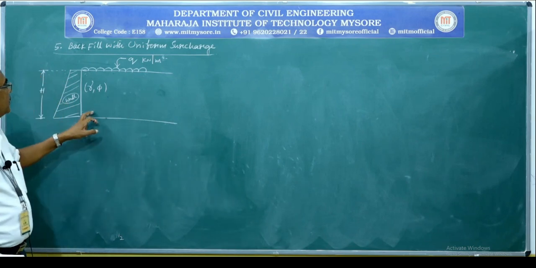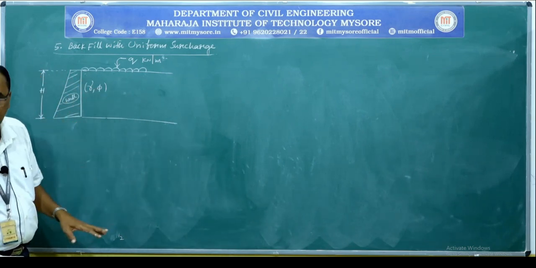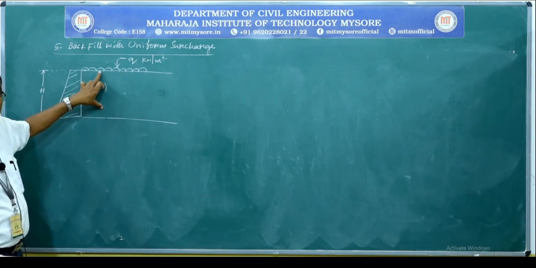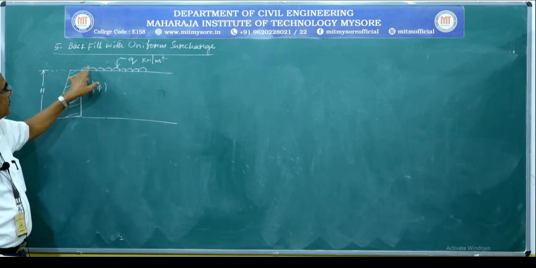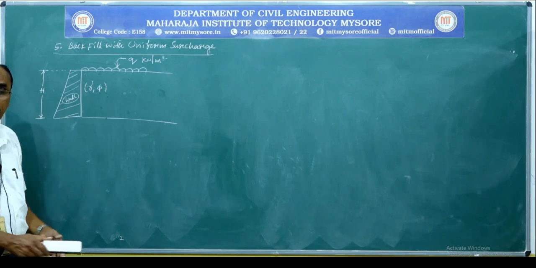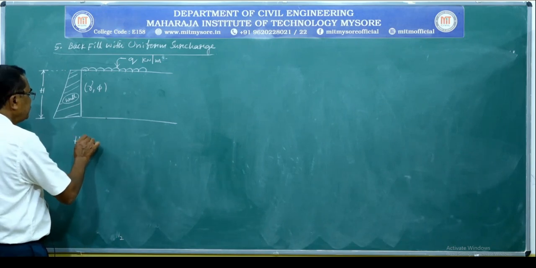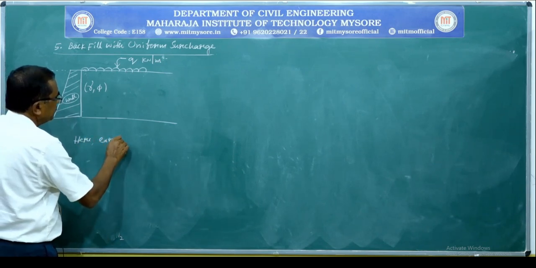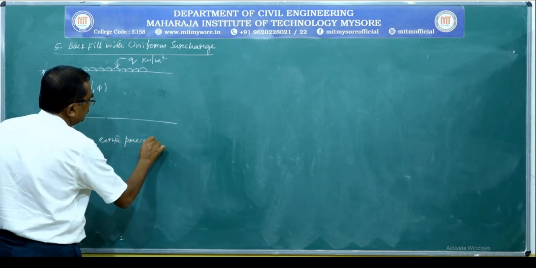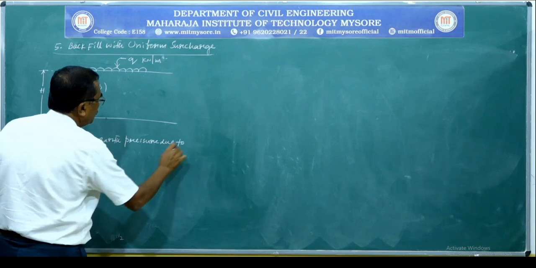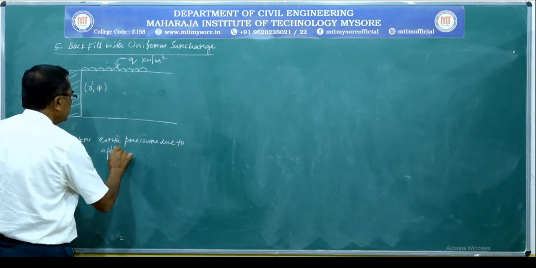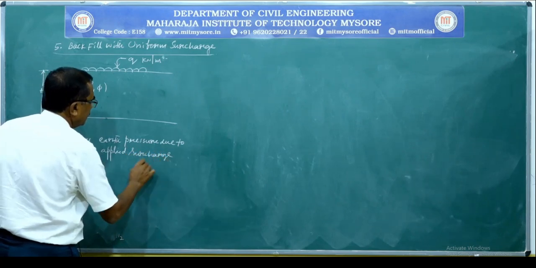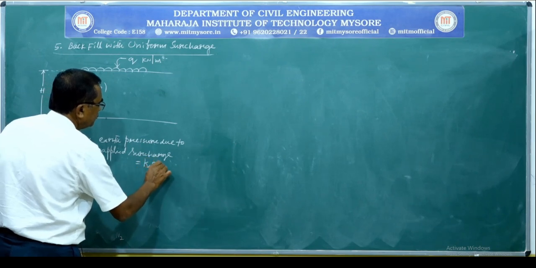In addition to that, earth pressure due to backfill should be considered. So without this surcharge, we used to consider only this backfill. Before considering earth pressure due to backfill, we have to consider earth pressure due to the surcharge. Here, earth pressure due to applied surcharge is equal to Ka into q.